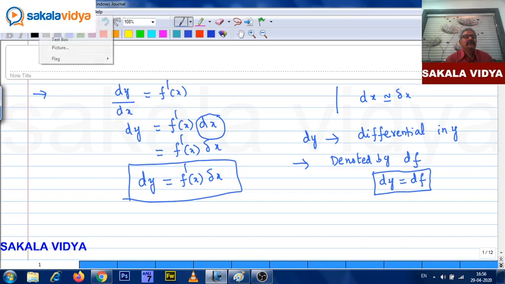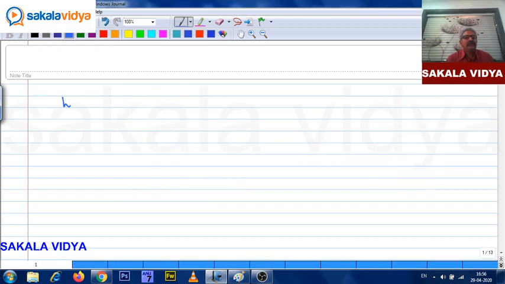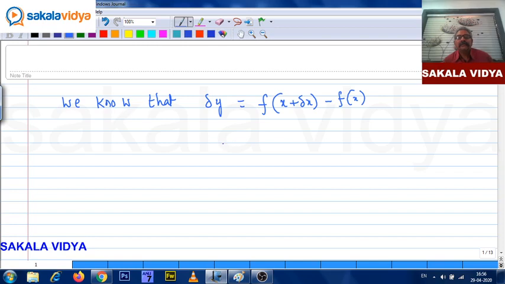So now we know that delta y is equal to f of x plus delta x minus f of x. Now this f of x plus delta x we can write as delta y plus f of x.